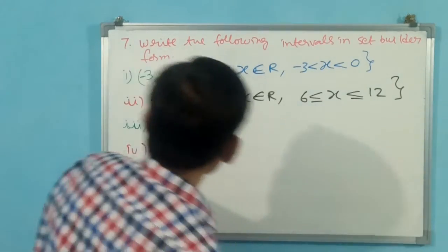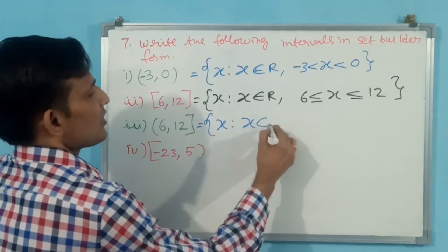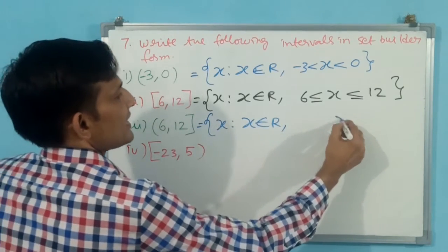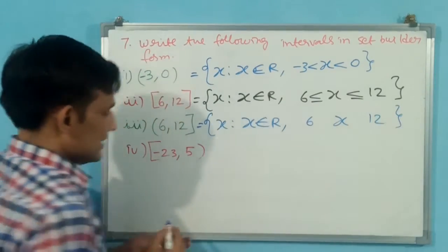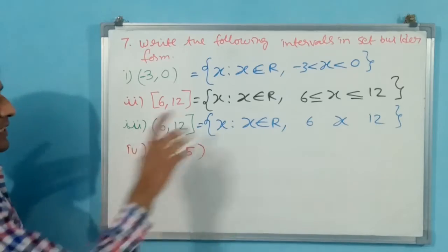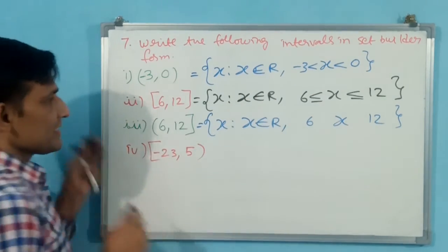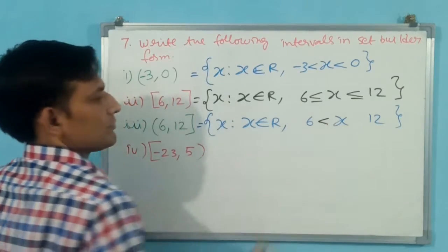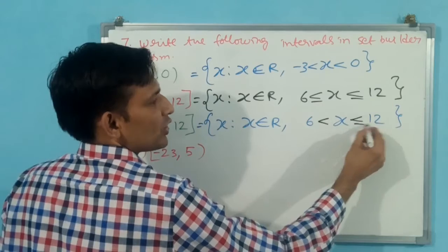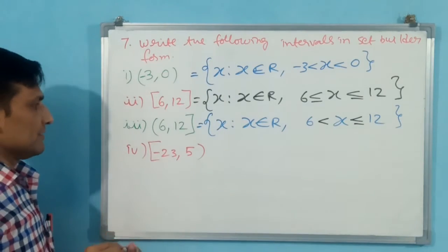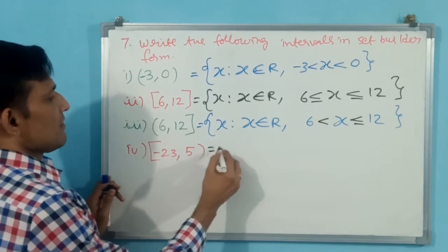Okay, now let's see the third one. For all values of x, x belongs to R. x, 6, 12, closed. Sorry, brace closed. Now you decide. This is open. Open means less than. This is closed. Closed means the equal to symbol also should come. Okay. Now see the fourth one.